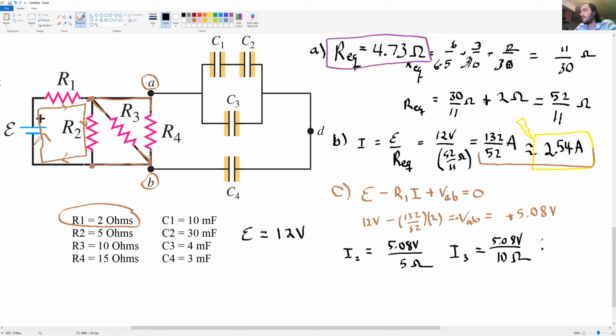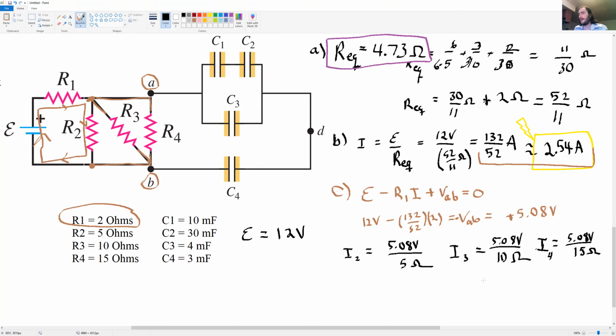And same thing for I4. I'm just going to take 5.08 volts divided by 15 ohms, and my mouse just didn't even write anything there. That was interesting. 5.08 divided by 15.